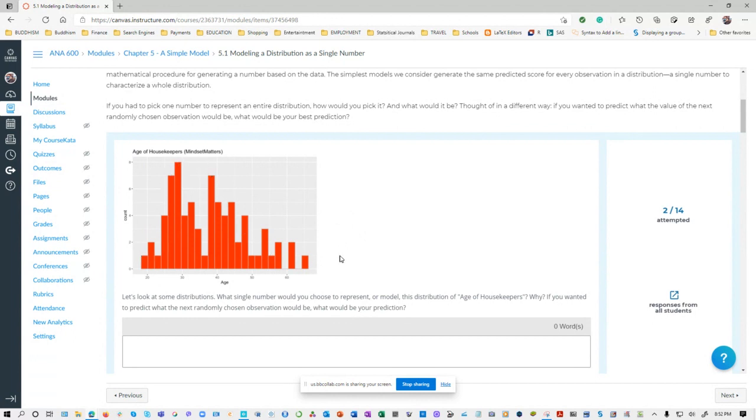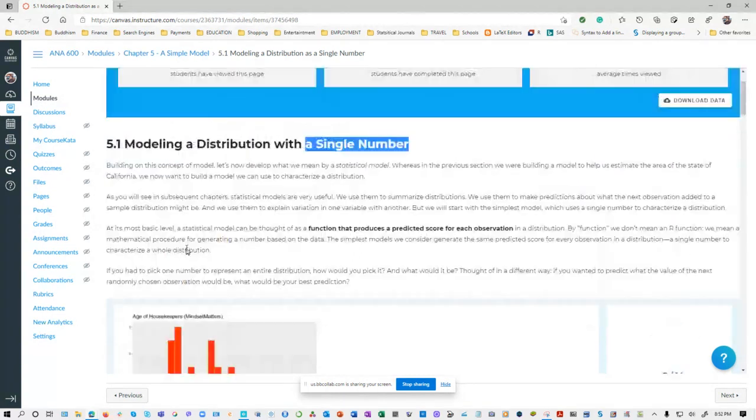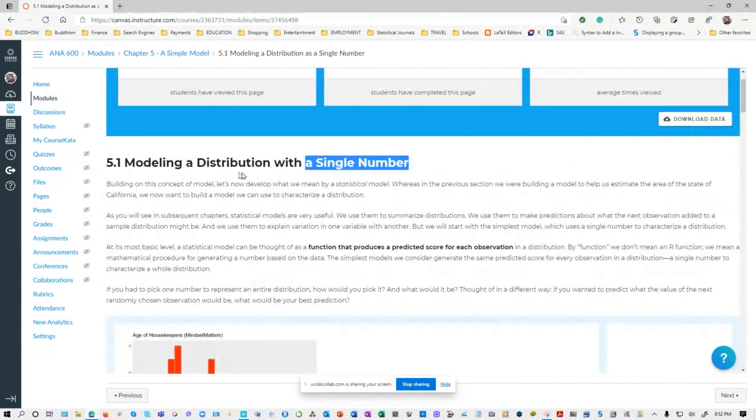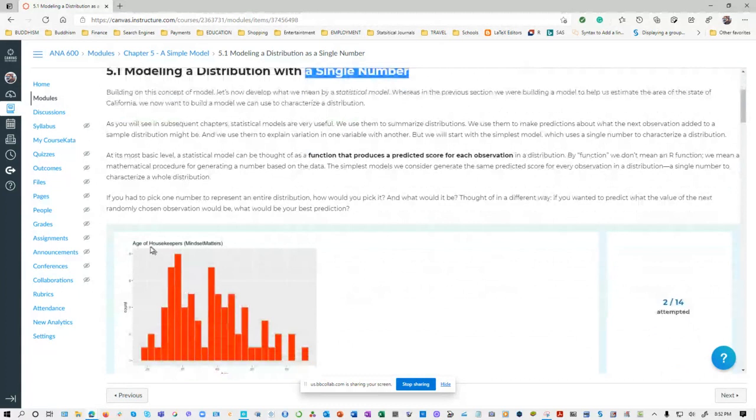Instead of going through this whole distribution, this graphical representation of the distribution, I'm going to draw the variation of my variable. The variation of the variable has been manifested graphically.